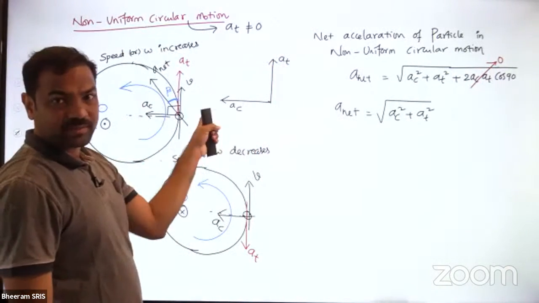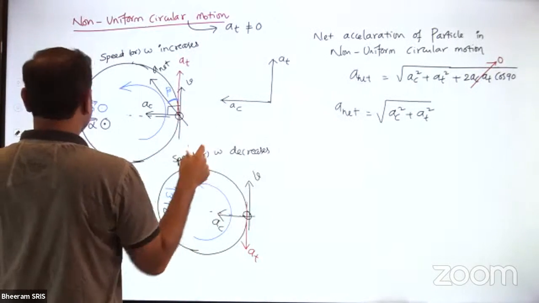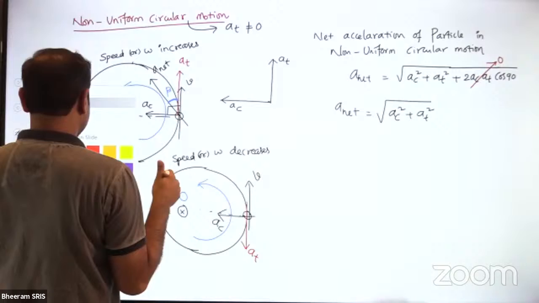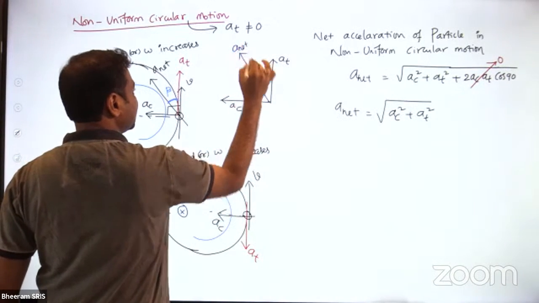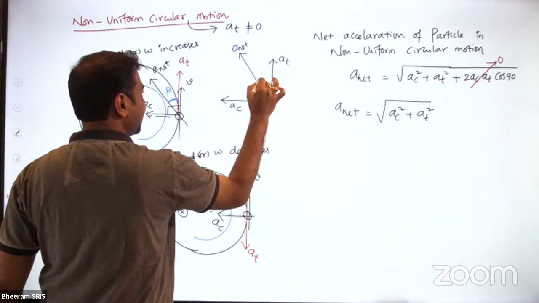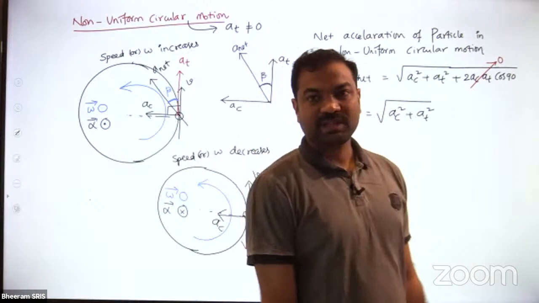One acceleration is centripetal acceleration, the other is tangential acceleration. So the net acceleration will be something like this. This is the net acceleration direction. Now the net acceleration is making an angle beta with the tangential direction. Then what is the beta value?